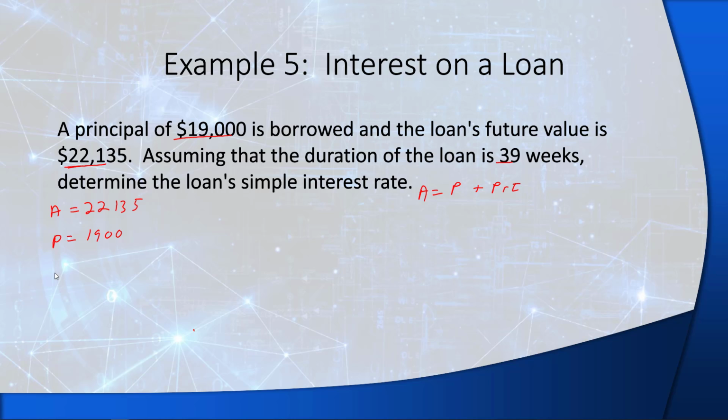And the duration of the loan, T, is equal to 39 weeks. However, there is 52 weeks in 1 year, so we can multiply this by 1 year divided by 52 weeks. And of course, weeks cancel, and we are left with 3/4 of a year.